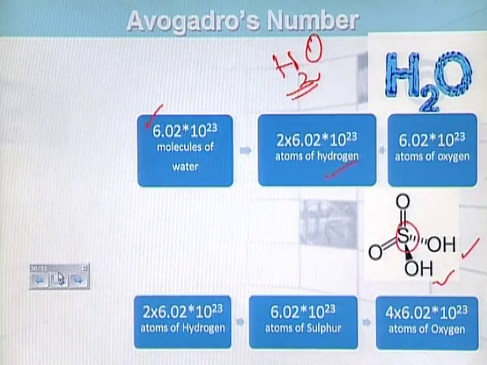Sulfur का एक ही atom है in the structure of H2SO4, तो अगर हमारे पास 1 mole quantity है sulfuric acid की, तो उसमें number of sulfur atoms will be equal to Avogadro's number. और oxygen atom, 4 oxygen atoms हैं, और 4 into Avogadro's number, 4 times Avogadro's number will give us the total number of oxygen atoms in 1 mole of sulfuric acid.